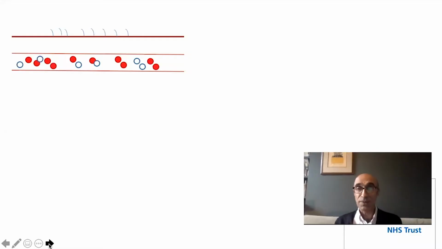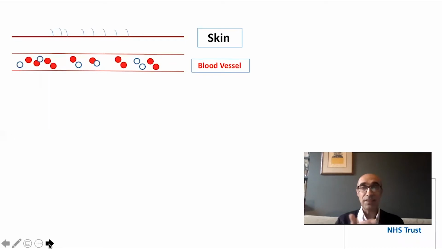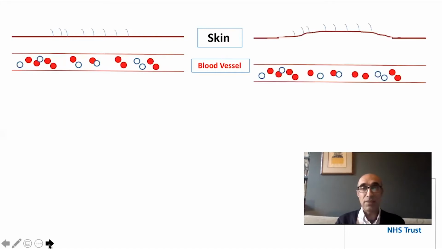So we all know what HAE is. It's swellings under the skin, subcutaneous, or under mucosa or submucosal tissue. Imagine this is a diagram that represents the skin and a blood vessel. And those are red and white cells, which are actually irrelevant in this case, but I've put them in there to depict the blood vessel. So swelling under the skin, or under mucosa, can cause what we call angioedema.